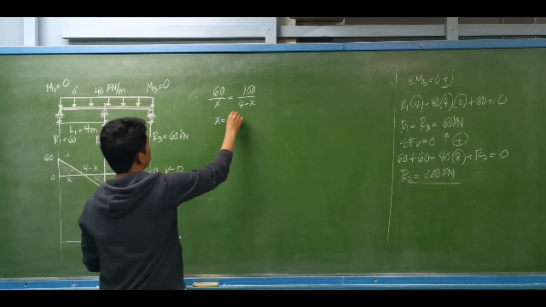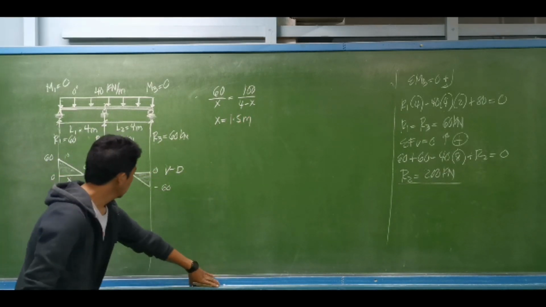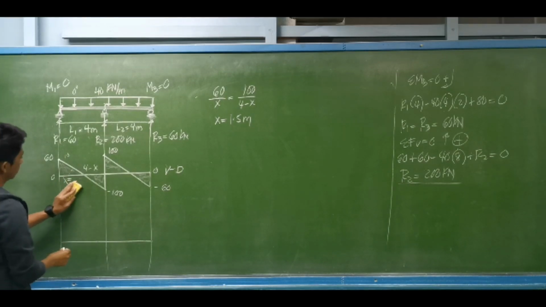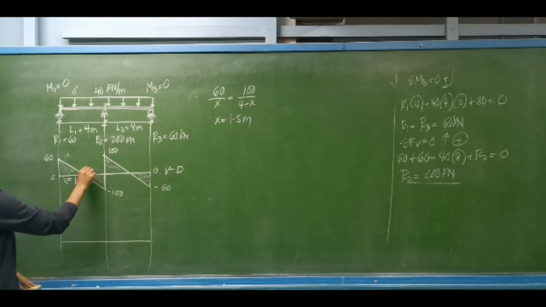This is equal to 1.5 meters. So this dimension is 1.5, and 4 minus 1.5 is 2.5 meters.